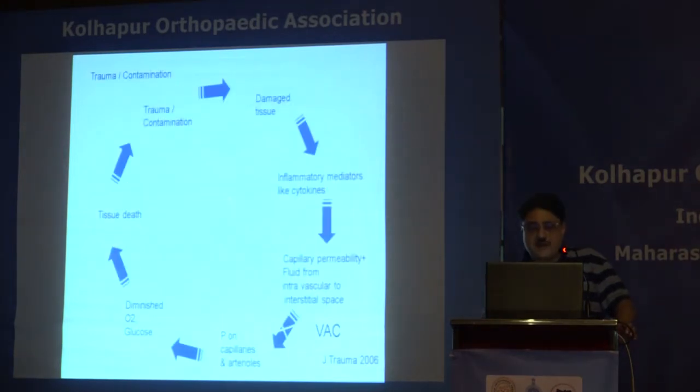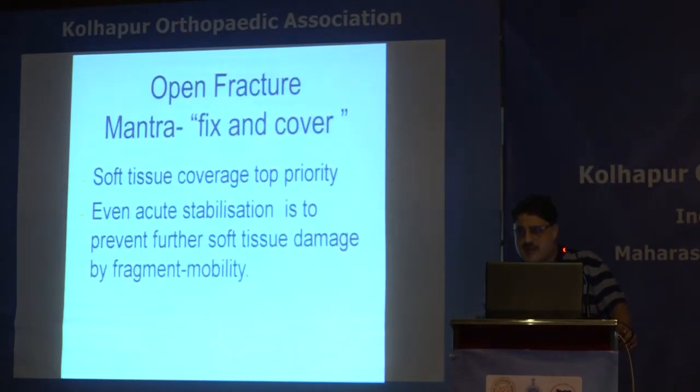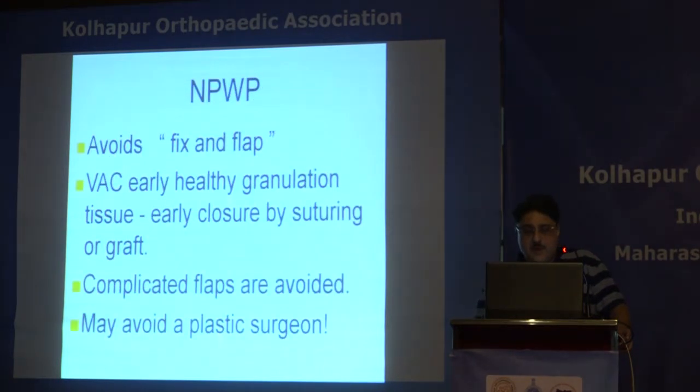Open fractures give trauma, contamination, damaged tissue, then inflammatory cytokines. This cycle goes on, so the mantra is fix and cover. You give immediate stabilization with an external fixator, and then you can start the VAC. Instead of fix and flap, VAC gives early healthy granulation tissue and early closure by suturing or grafting. Complicated flaps may be avoided, maybe even avoiding the plastic surgeon.